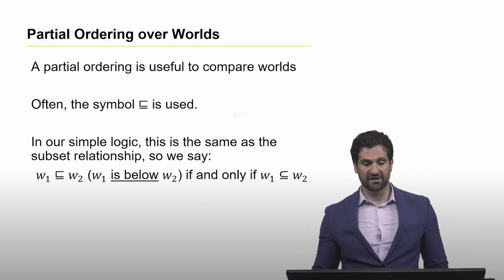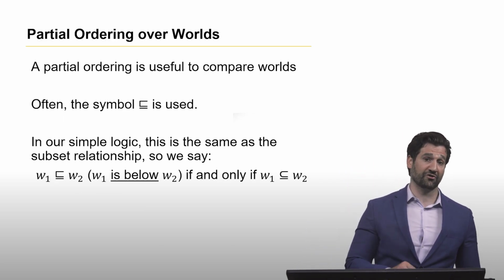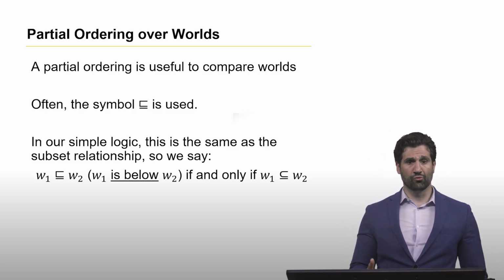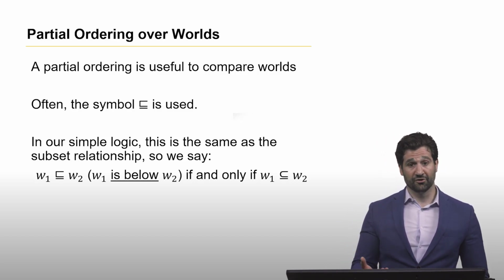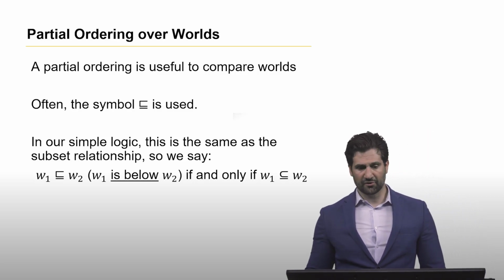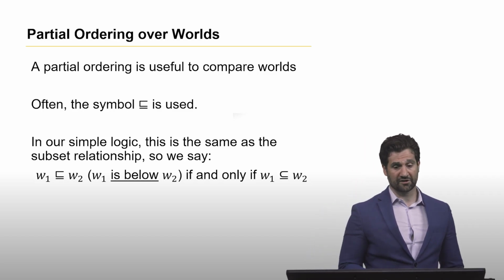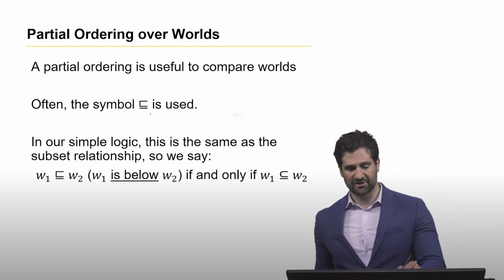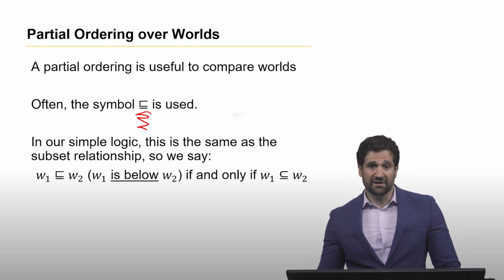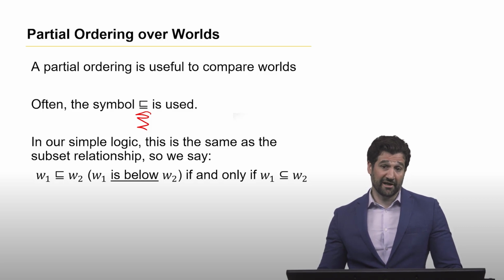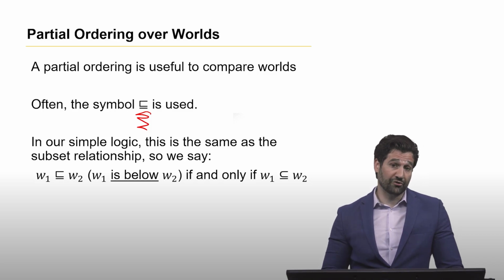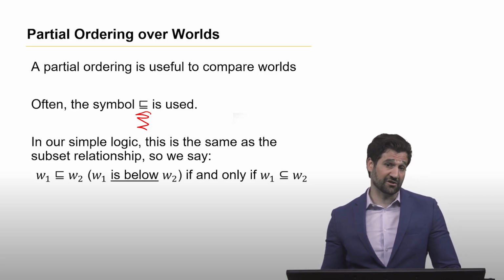So we can use this idea over worlds. Remember, worlds is our semantic structure, and we can say that world 1 is below world 2 if and only if world 1 is a subset of world 2. And when we talk about ordering the semantic structure, we will often use this square subset symbol. The reason is that, and we'll see this in a later lecture, you will not always have worlds which are a direct set representation.